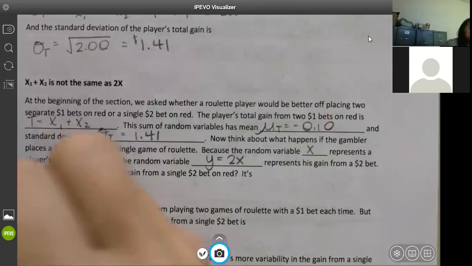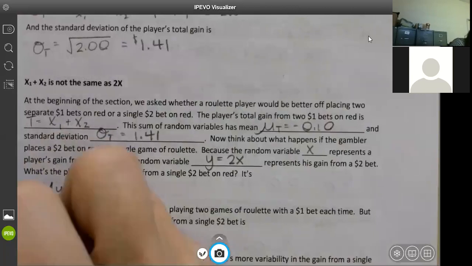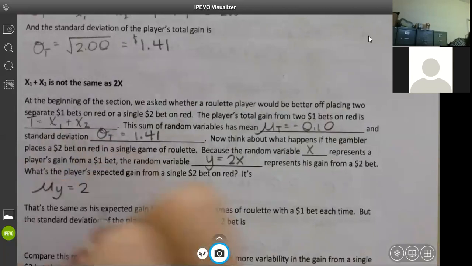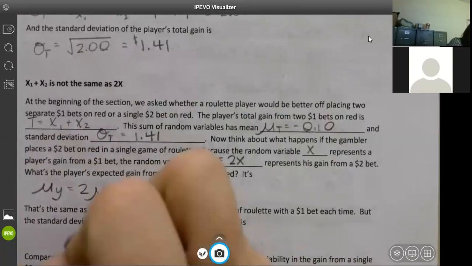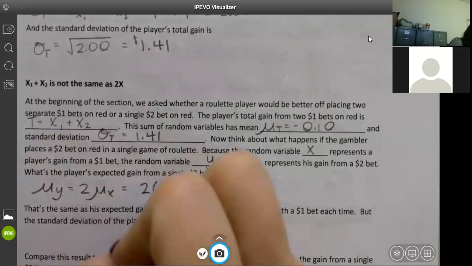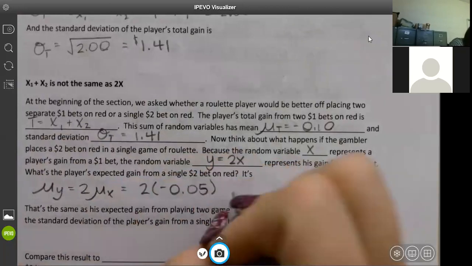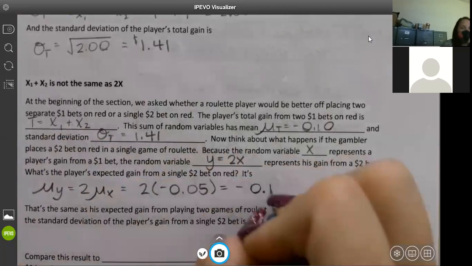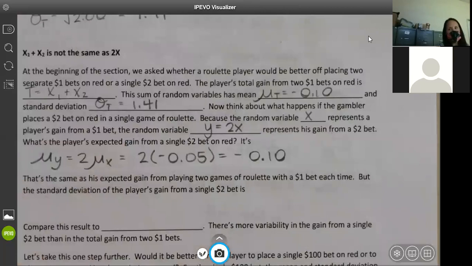So what is the expected Y, or the mean of Y? The formula said it's 2 times whatever X is, so 2 times the mean of X, which is 2 times -5 cents, which still gives us -10 cents.